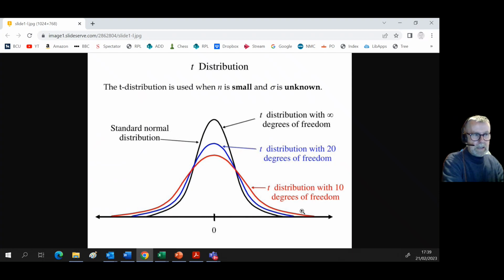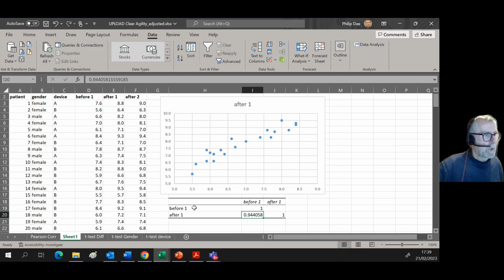That's why we have to calculate a t statistic, what they're calling a t-stat, and then we would look either in lookup tables or here in Excel, they have built-in lookup tables, and they will tell us if that t-stat exceeds some critical value for which we can then declare statistical significance.